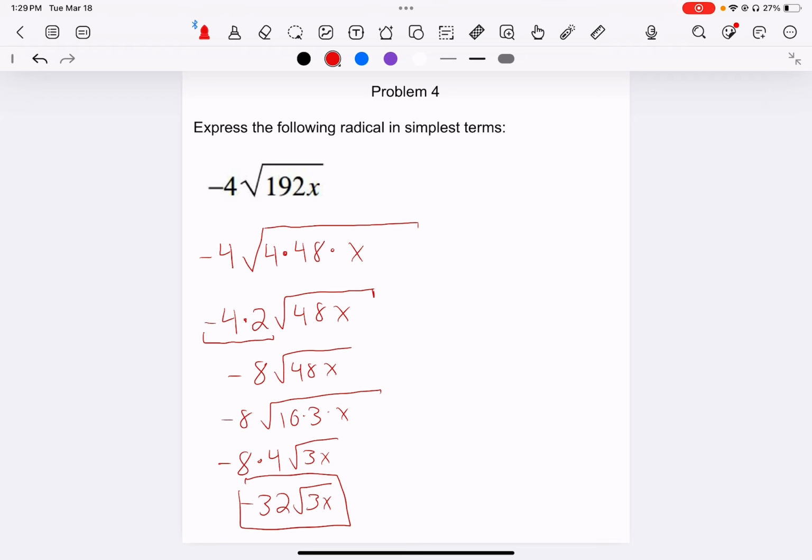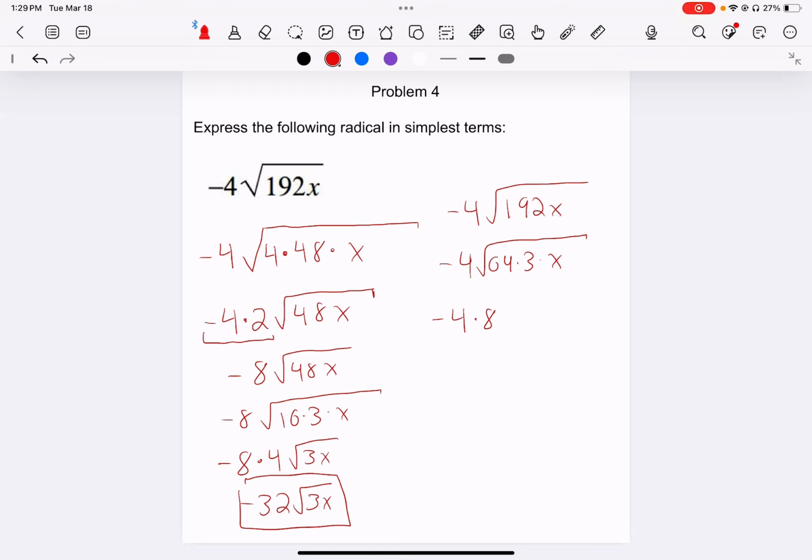Now another way I could have done this problem is from the beginning, I could have split the 192 into 64 times 3 times x. Now, radical 64, that's 8.